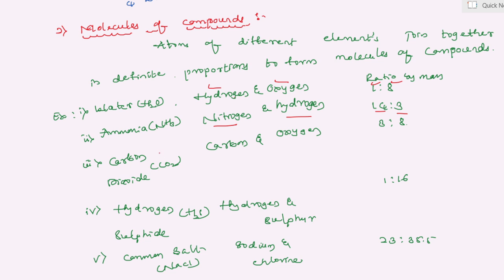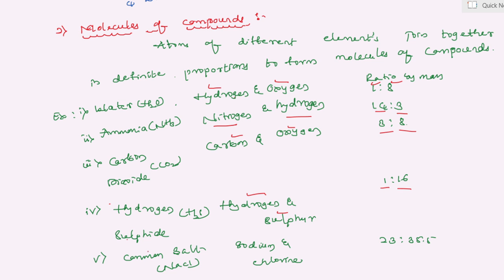Carbon dioxide is a combination of two elements, carbon as well as oxygen. Ratio by mass is 3:8. Hydrogen sulfide is made up of two elements, hydrogen as well as sulfur, in definite proportion. Ratio by mass is 1:16.